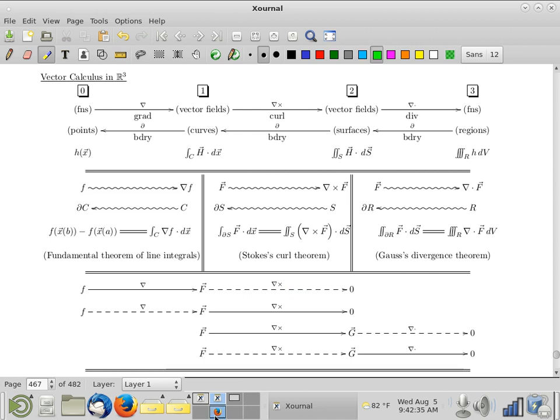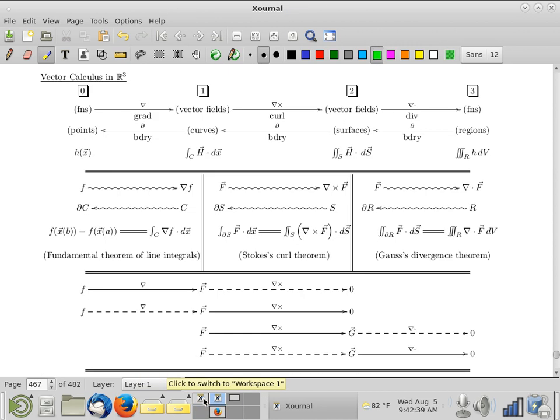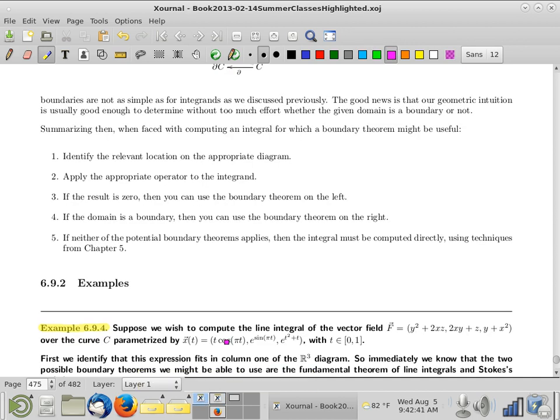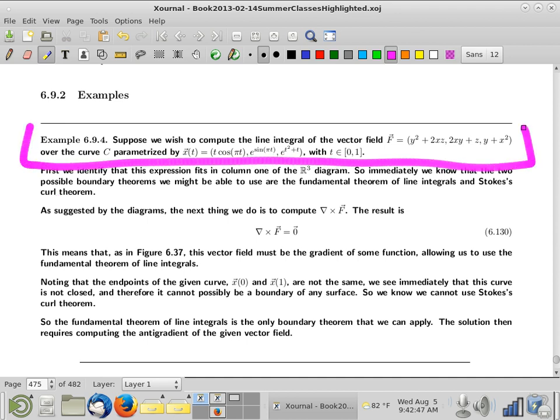All right, so I'm going to show you a few examples here. Here's a question. Notice this question is not stated as "use the following boundary theorem to compute a line integral." It just says compute this line integral.